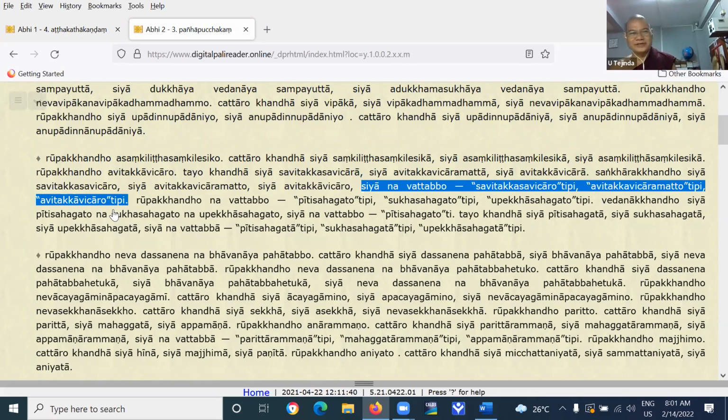So Abhidhamma is very detailed. Time is over, we'd better stop here. We need to relate or link with the Dhammasangani here, so that we will understand very well. Otherwise, we will not understand very well.